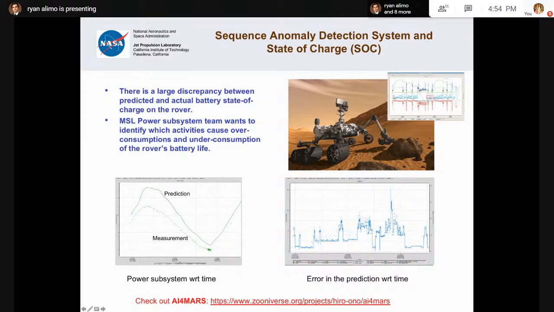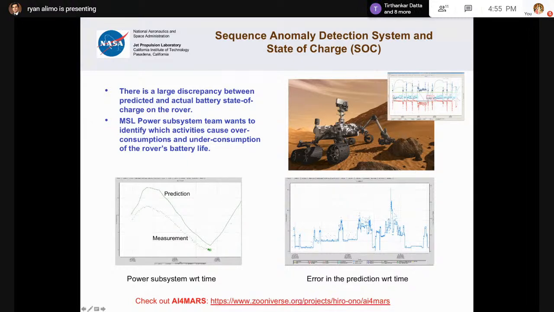You can predict how much you're going to generate, how much energy you have, but sometimes you see there is an error between the energy you have compared to the models, and that can be because of the shadow that exists, or it can be a number of different reasons that you may observe, and we want to make the energy consumption for the rovers more reliable.